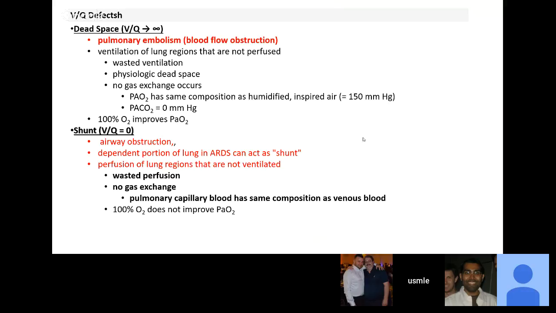In shunts, if you give 100% oxygen, that does not improve the PaO2 because there's not much circulation with it, since there's no exchange whatsoever. And most commonly you're going to have mostly venous blood, since there's no gas exchange. So keep those in mind. These are high-yield questions.